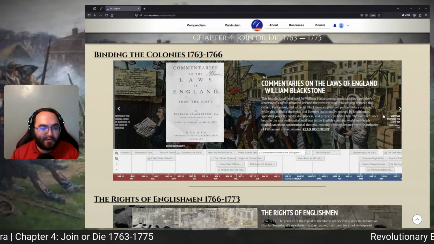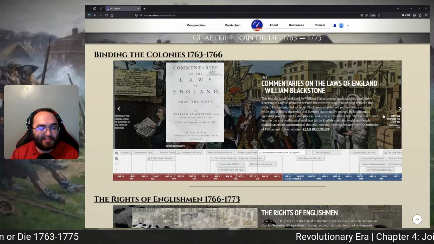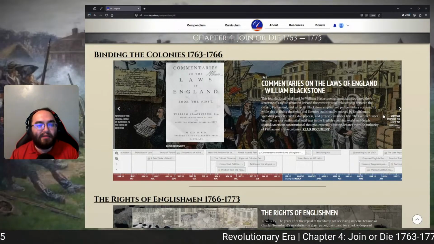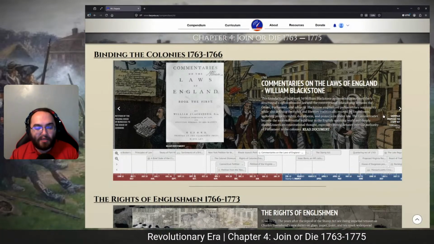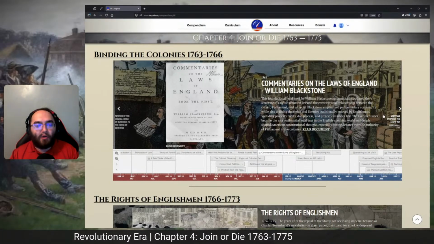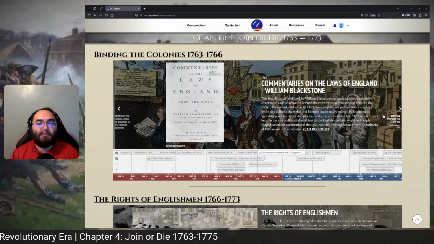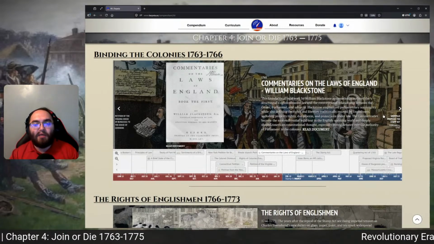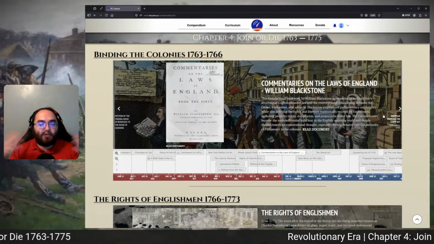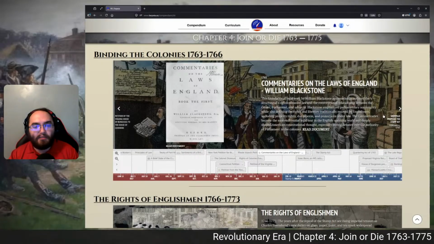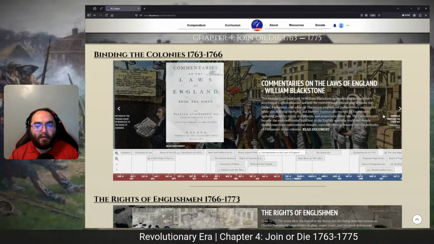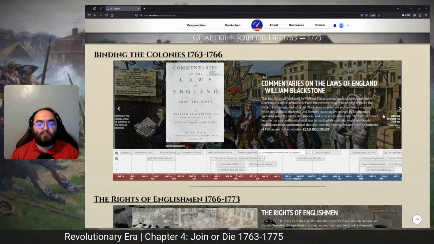Pretty much all lawyers at this time in England are going to be reading this book. John Adams will read this book, and it would be one of his favorite books. John Adams during this time is an amateur lawyer, and so this is a very influential book.